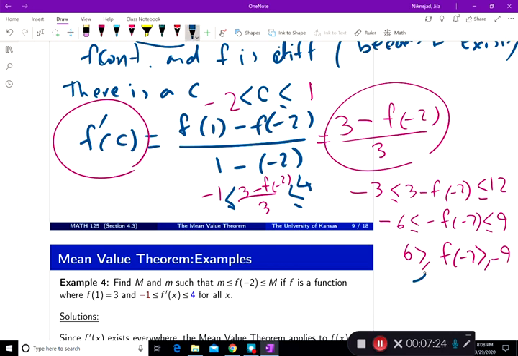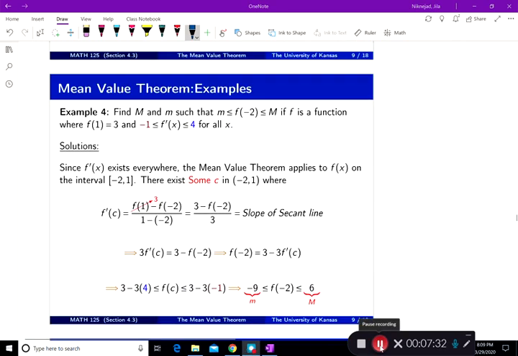This says this is the capital M, and this is the lowercase m. So basically, using the bounds for f prime and the knowledge of mean value theorem, I found that f of -2 is between 6 and -9.